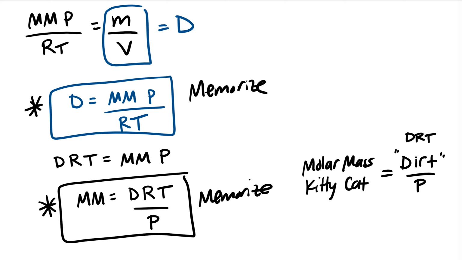And think of a kitty cat going to the restroom in their litter box, and a good kitty cat is going to scoot some dirt over their pee in their litter box. So molar mass, kitty cat, dirt over pee. I told you it was silly, but it might help you.